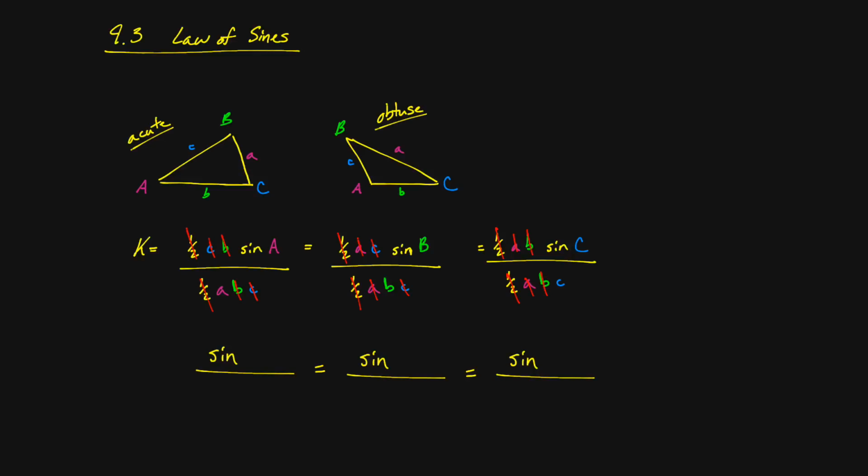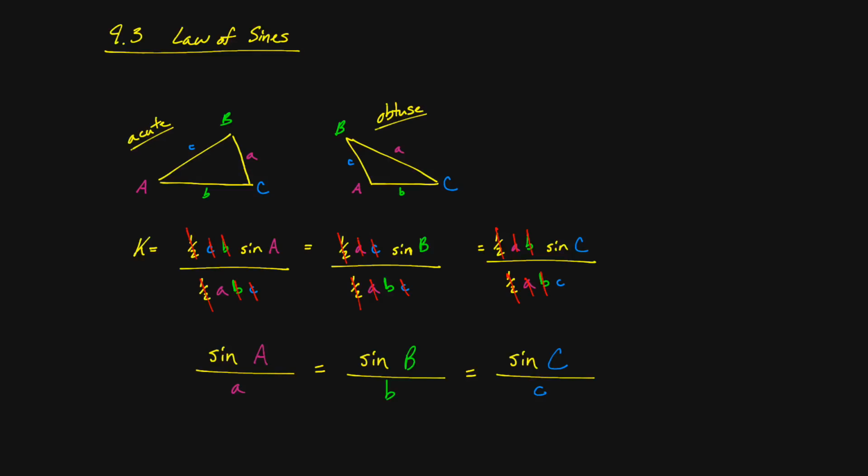And now we're going to do A over A, B over B, and C over C. So let's note that this is sine of angle A over side A is equal to sine of angle B over side B, and also equal to sine of C over side C.